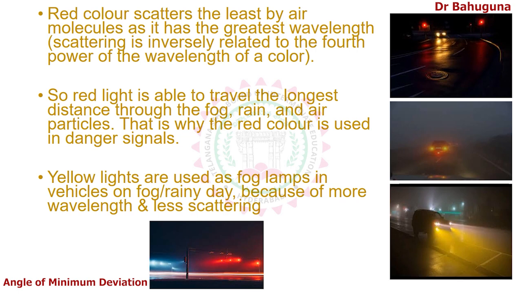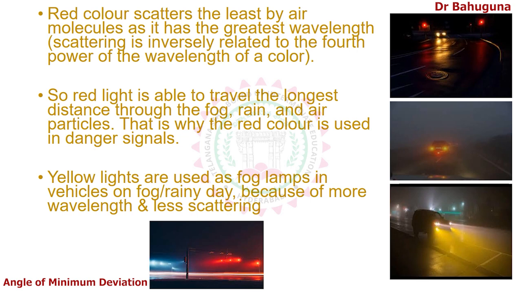That is why for car headlights on foggy and rainy days we use yellow color lamps as fog lamps, because it has more wavelength, less scattering, less dispersion, less deviation, and the road can be seen very clearly in these conditions.